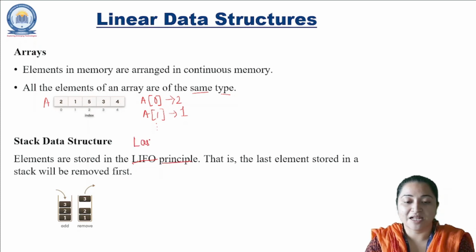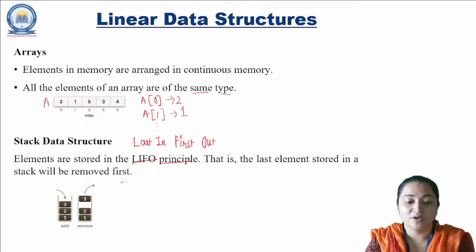LIFO is nothing but last in, first out. Whatever element was inserted last will be out first. So that's why it follows the last in, first out principle. That is, the last element stored in a stack will be removed first.